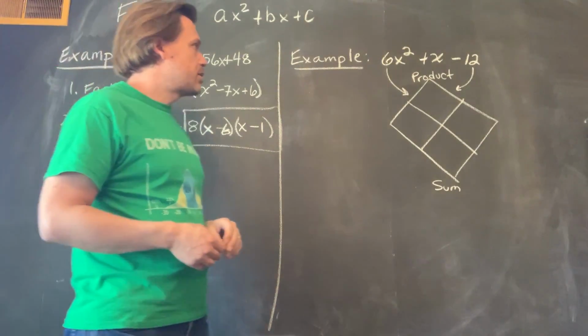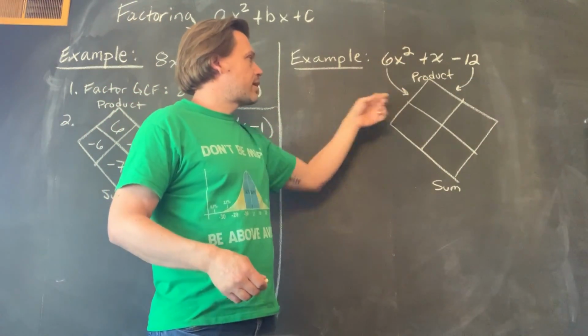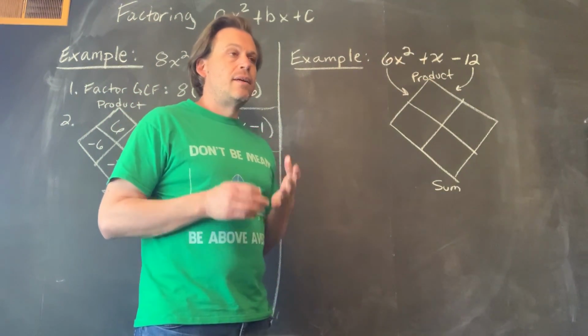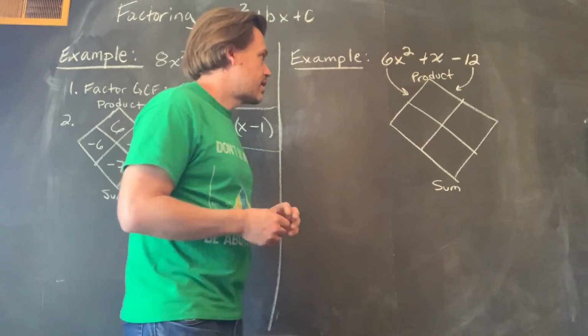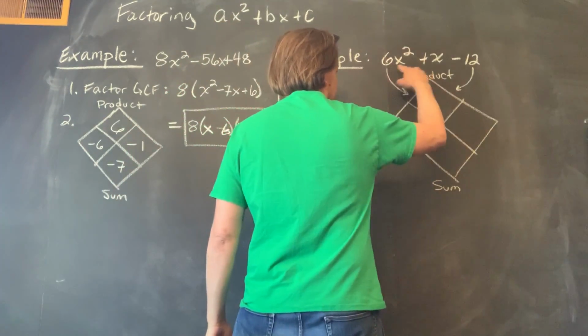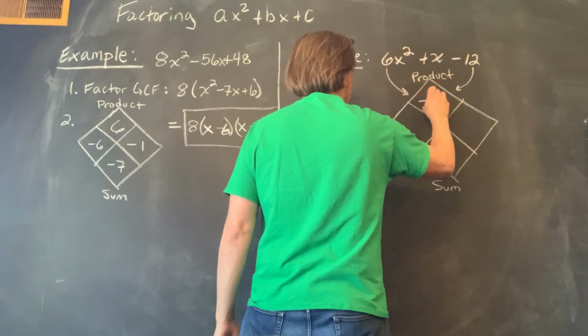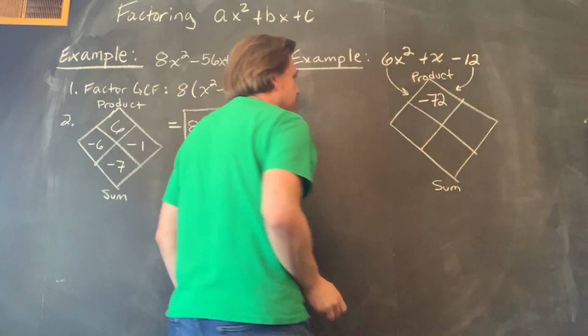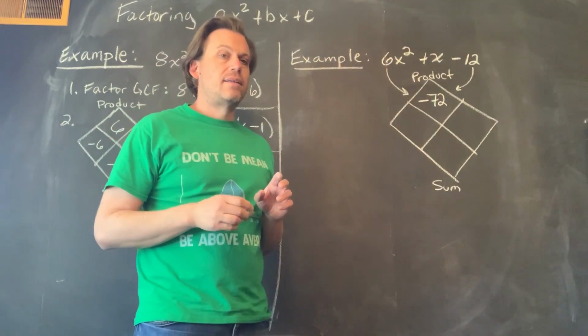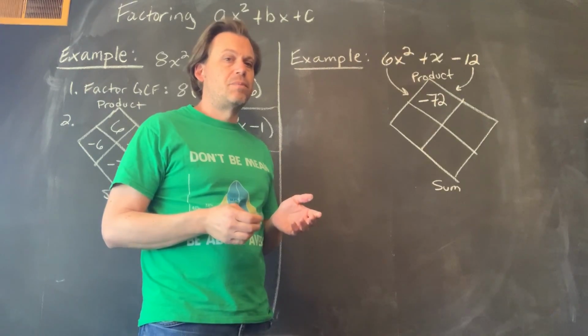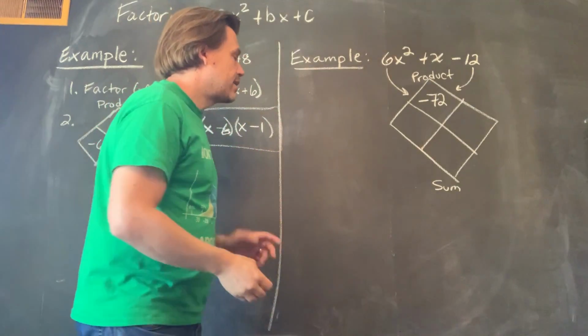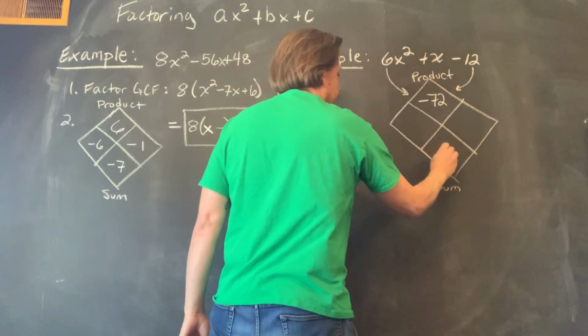This time you're going to use the negative 12, but also the 6, and you're going to multiply them together. 6 times 12 is 72, but it's a 6 times a negative 12, so I'm going to put a negative 72. So I need two numbers that multiply to give me negative 72. But I need them to add to give me a positive 1, that number in the middle.